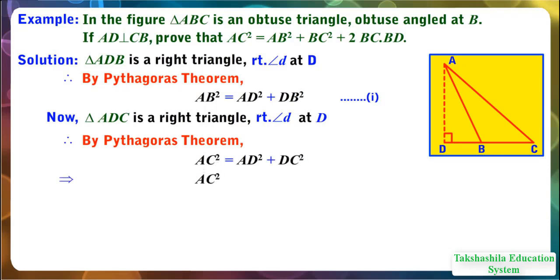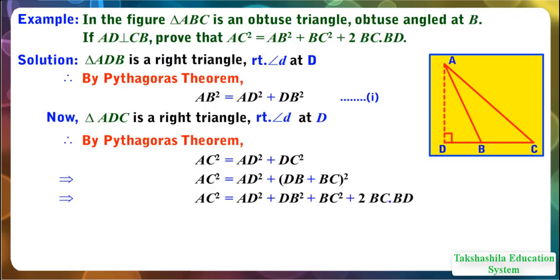This implies AC square is equal to AD square plus, in place of DC we can write DB plus BC whole square. This implies AC square is equal to AD square, applying the formula of A plus B whole square, plus DB square plus BC square plus twice BC into BD.